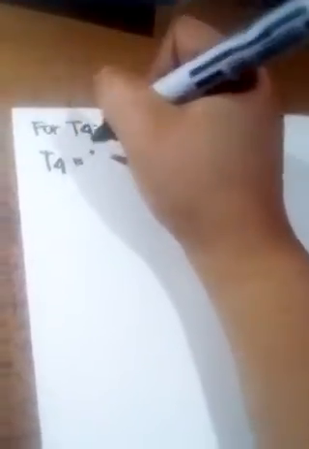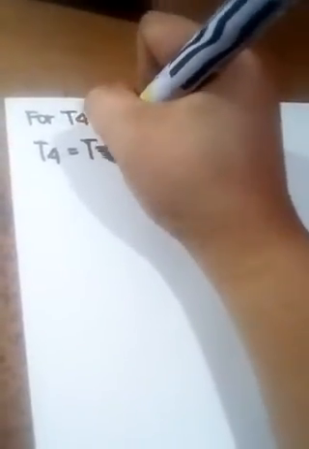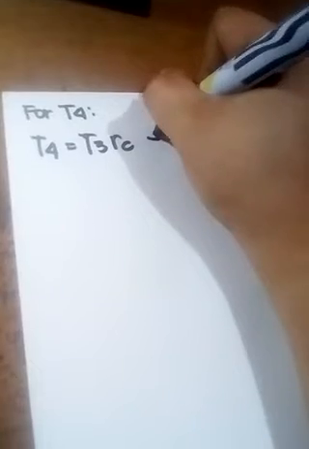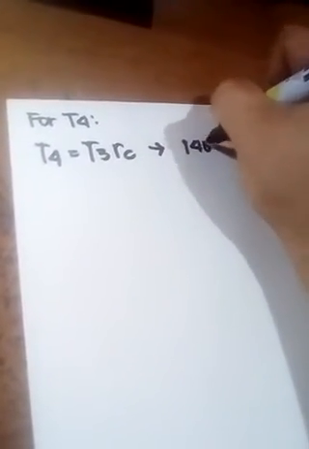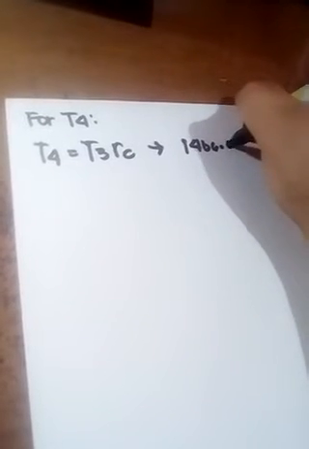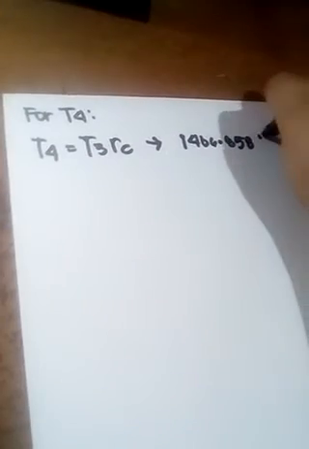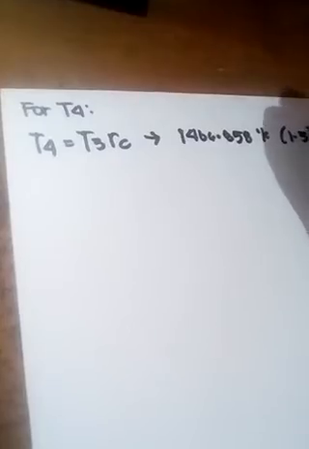Next is T4. For T4, we're going to use this formula: T4 equals T3 times RC. Therefore, 1,406.858 degrees Kelvin times 1.5.